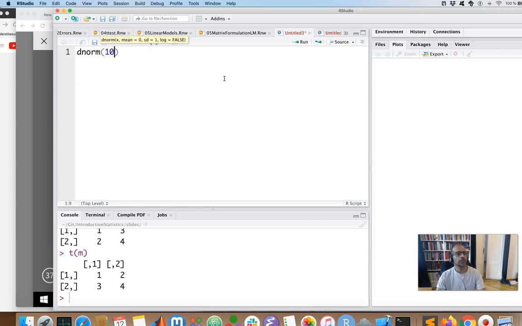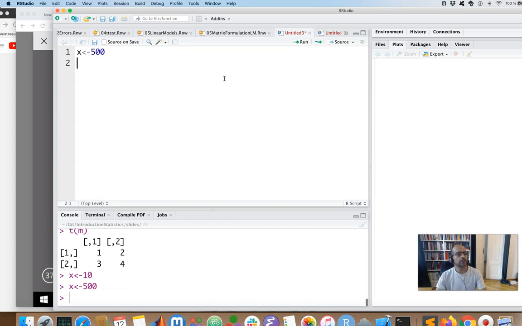So suppose I have my data. Let's say that my data that I've observed is the number 500. Okay, so now I can compute the likelihood function for the mu parameter in the normal distribution, right, for different values of mu.